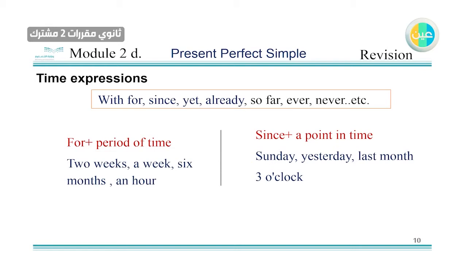So be careful with these time expressions. You also have them in your grammar book. You will have all the list there, like yet and already and so on. But you have to remember these 2 time expressions, for and since. Sometimes they ask you to choose between them.